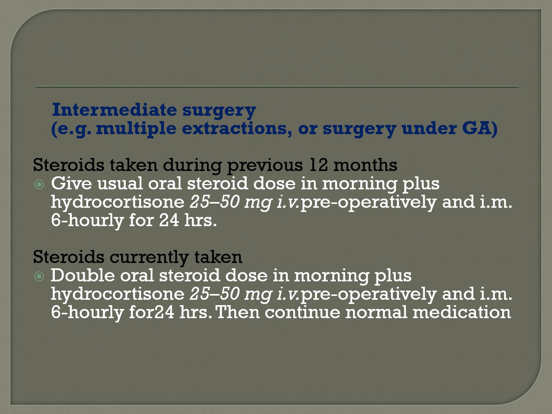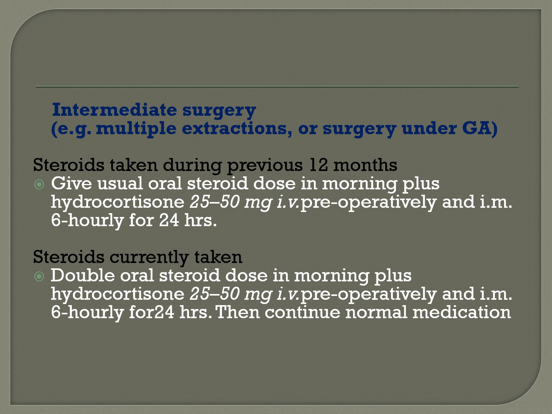So if you're going for a multiple excision or a procedure under anesthesia, and steroids were taken during the previous 12 months, the patient has taken the drug for the previous 12 months. Then what will we do? The same: the oral steroid like prednisone 10 milligram in the morning.